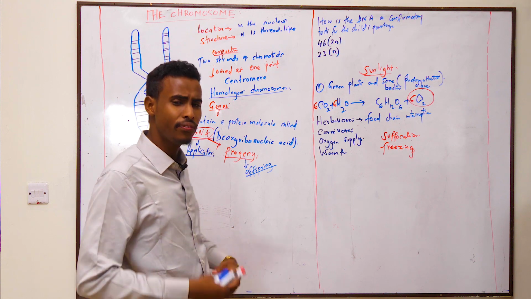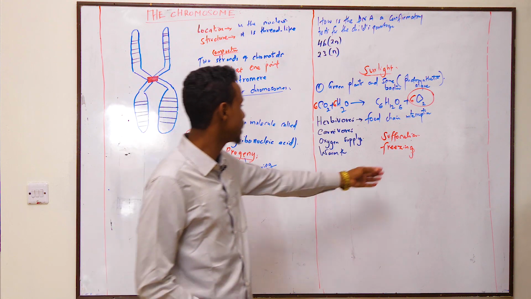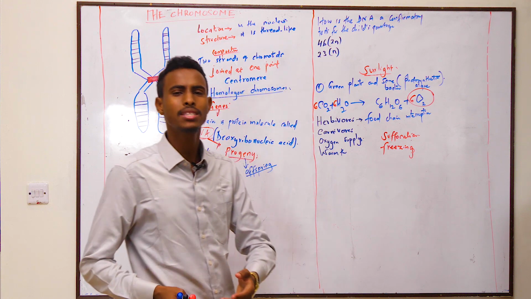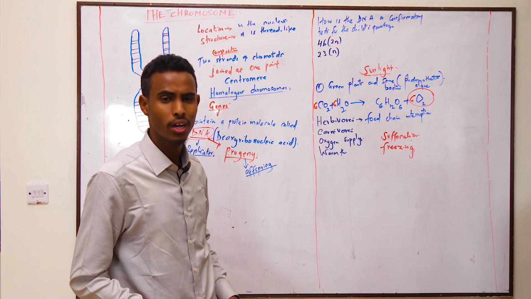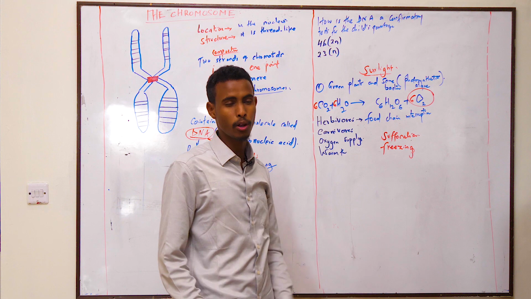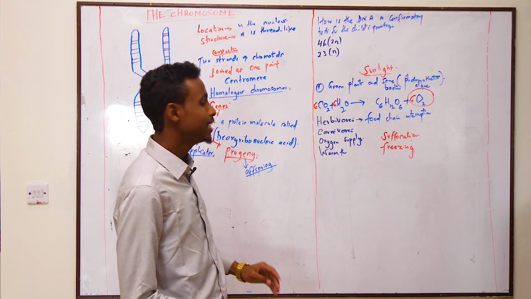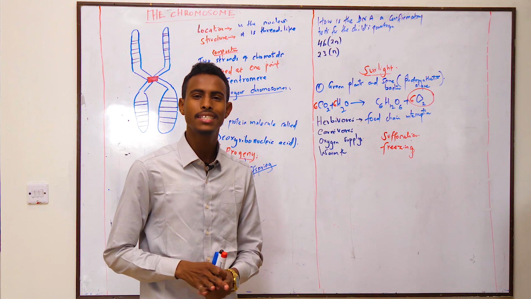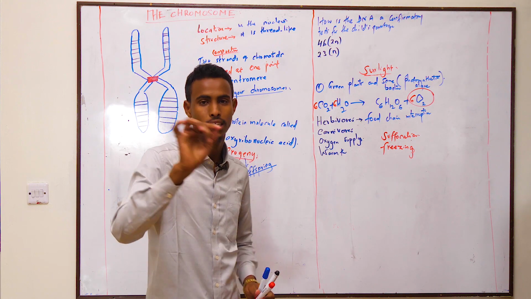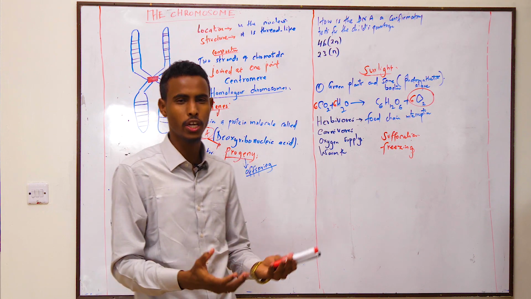Therefore, in the process of digestion, there will be no effective enzymes. And therefore, at some point, if the supply of sunlight is terminated, life on earth ceases to exist.